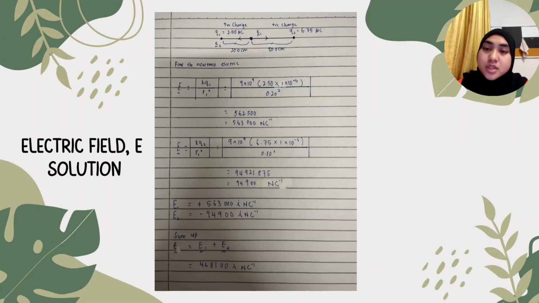And then as for the solution of electric field, we have put one example of how to solve the problem. Here we can see there are two charges, both of them positive. And then we have the electric field, the Q, and the distance.